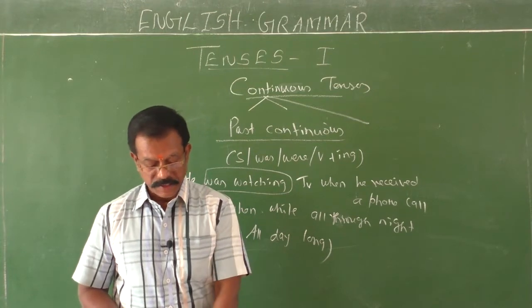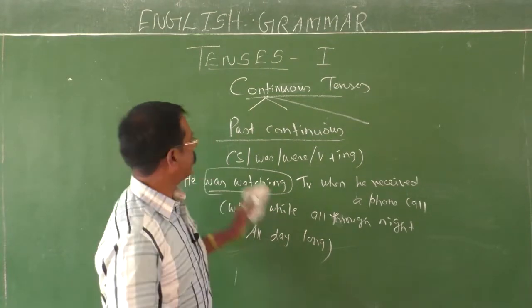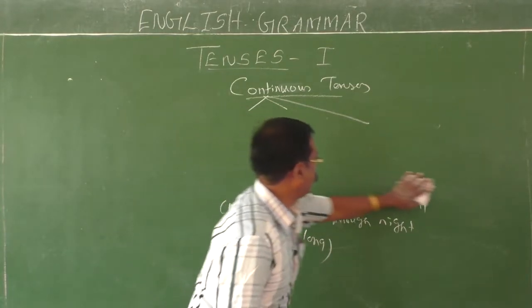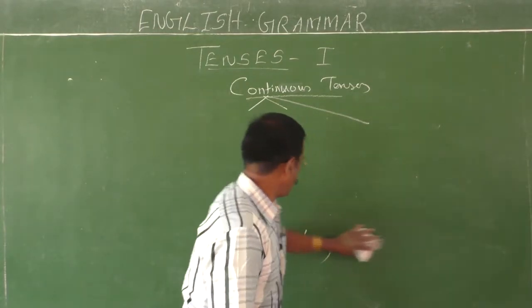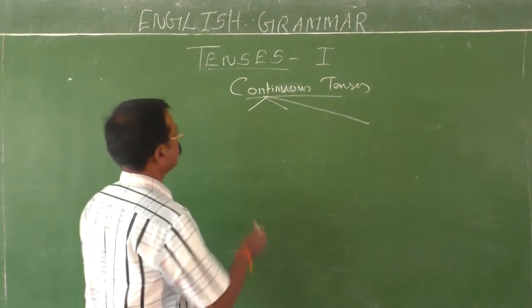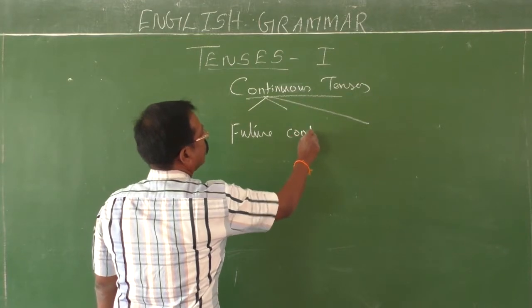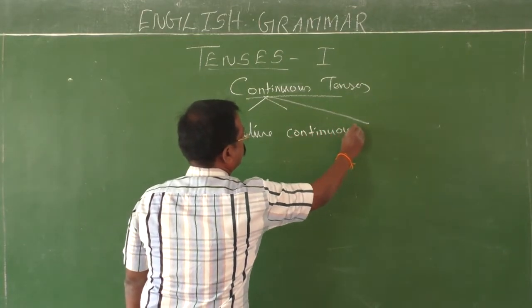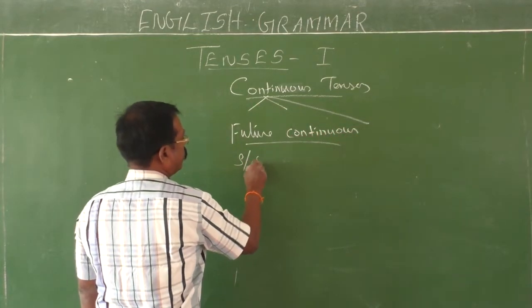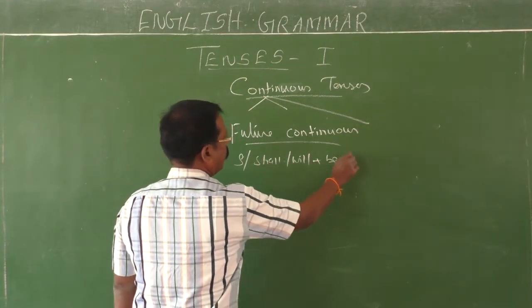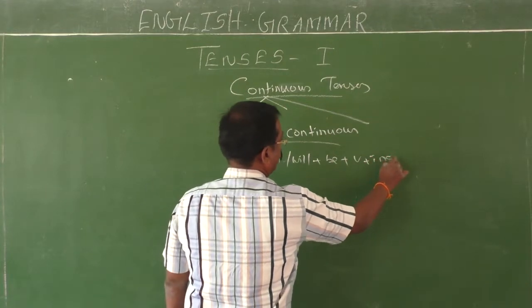Okay. Next, future continuous. What's the form? See the basic formula for the future continuous tense: subject, shall or will plus be plus verb plus ing.